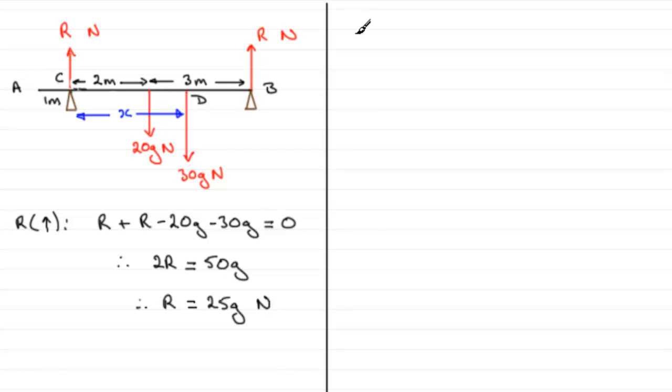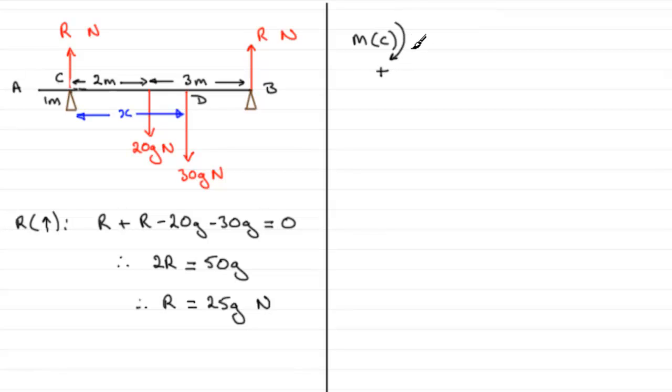So let's take moments about C, and we need to set up a positive sense. Technically it doesn't matter which way you go, anti-clockwise or clockwise, but I can see that if we take moments with the positive sense clockwise, we're going to involve a positive X, and that just makes the equation simpler. So I'm going to go in a clockwise sense.